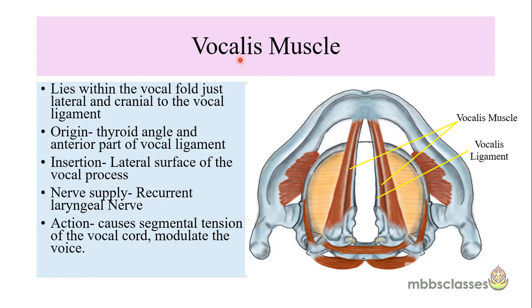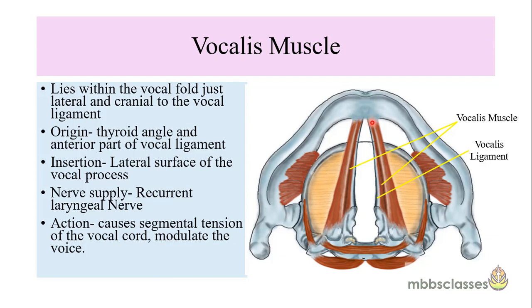The next muscle is the vocalis muscle. As the name suggests, the vocalis muscle lies in the vocal cord only. So it lies within the vocal fold, just lateral and cranial to the vocal ligament. This is the vocal ligament, and lateral to the vocal ligament is the vocalis muscle. It originates from the thyroid angle and the anterior part of the vocal ligament.